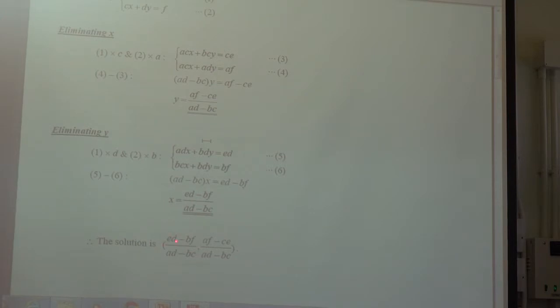And also, what about X, for example? The numerator in X is ED minus BF. They also form another pattern, right? And also, let's take a look at the solution of Y. The numerator is AF minus CE.